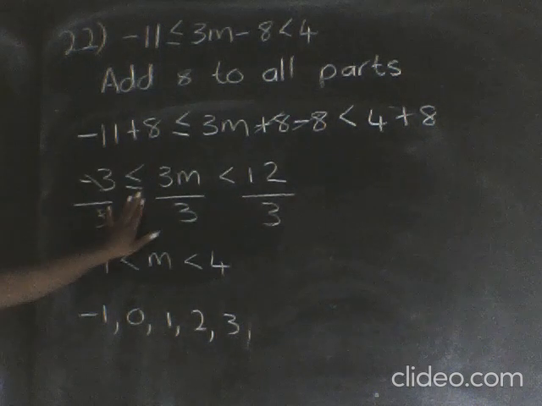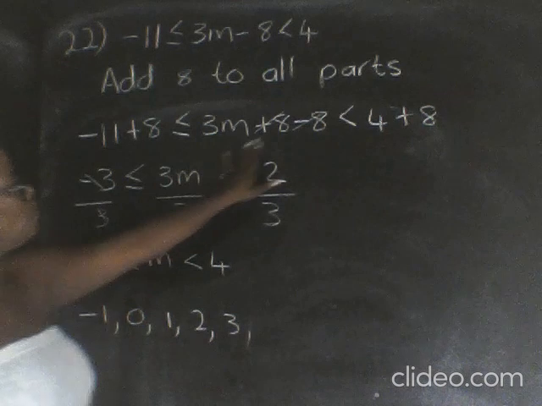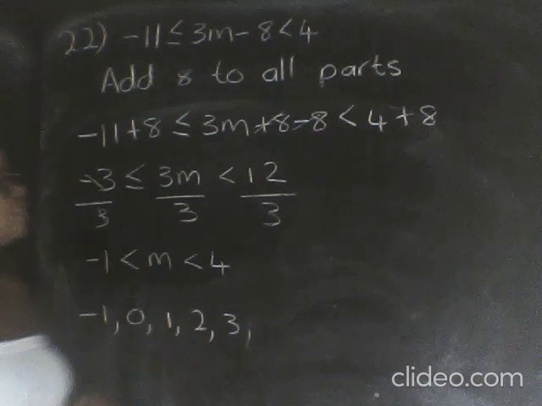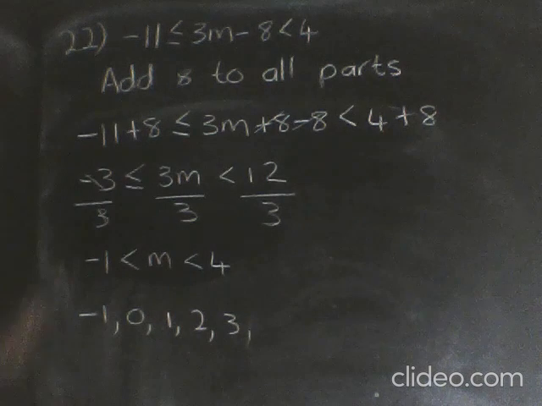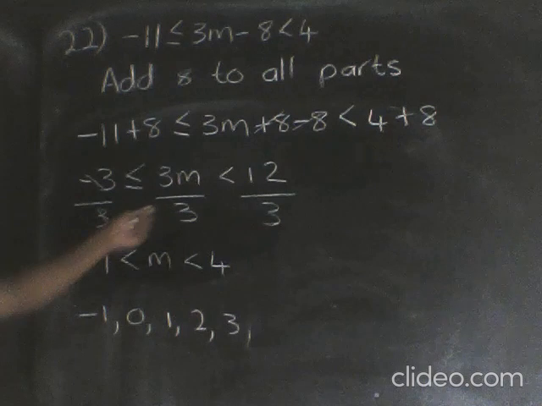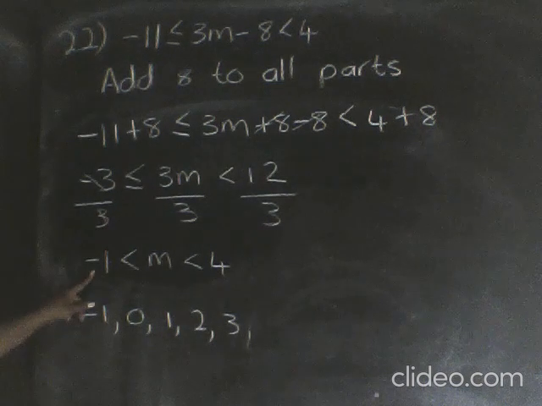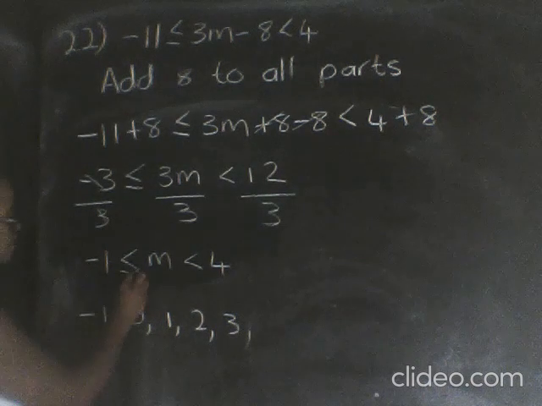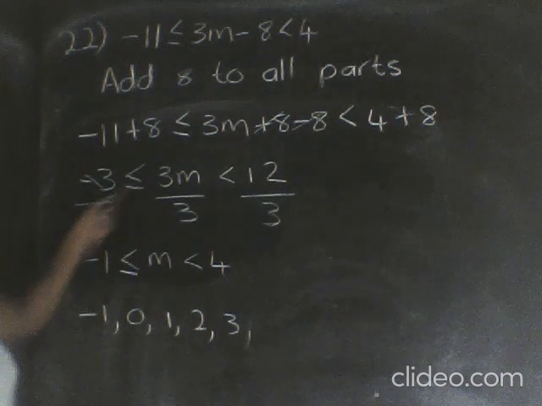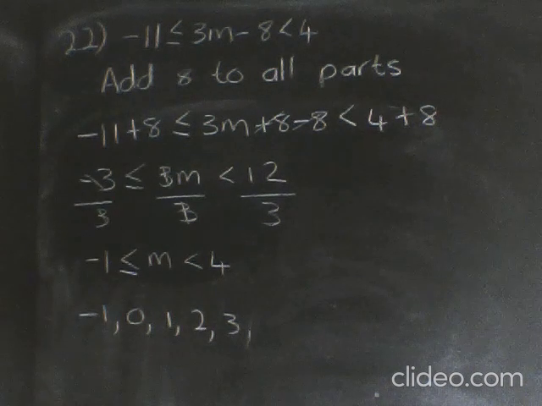Then we have our sign. 3m is left on its own because a positive 8 and a negative 8 cancel each other out, and 4 plus 8 is 12. Then in order to isolate this variable, we divide all 3 terms by 3. Negative 3 divided by 3 gives us negative 1. We keep our sign as is, the 3s cancel each other out, and 12 divided by 3 gives us 4.